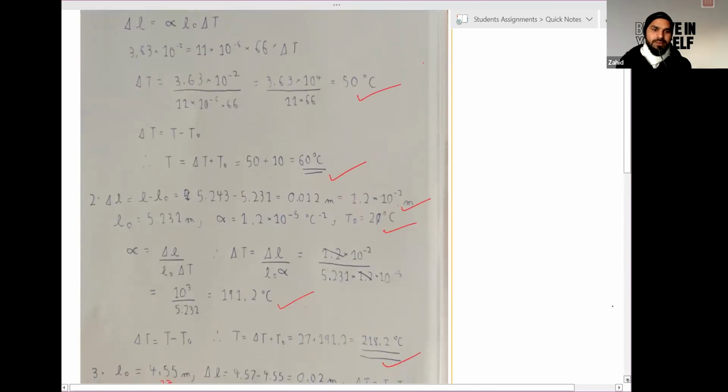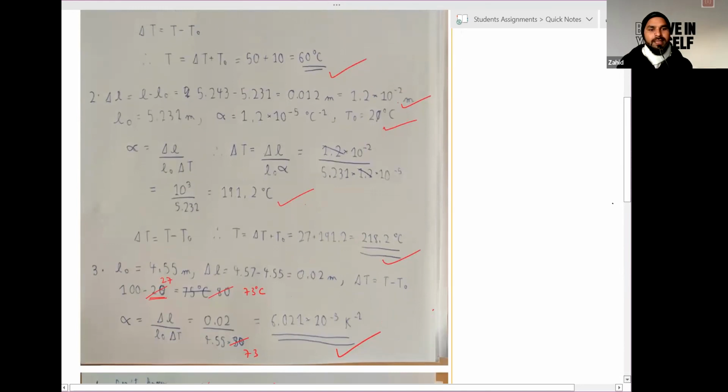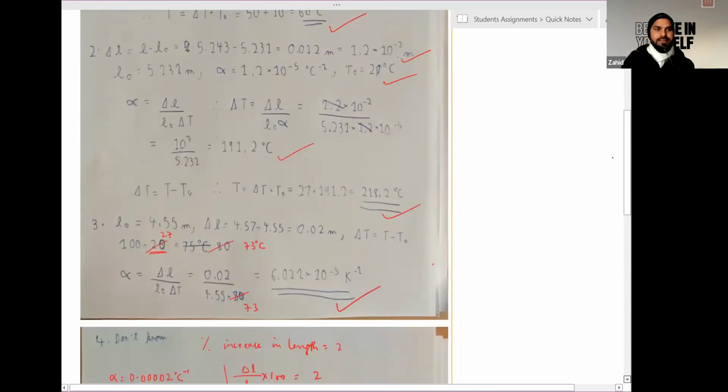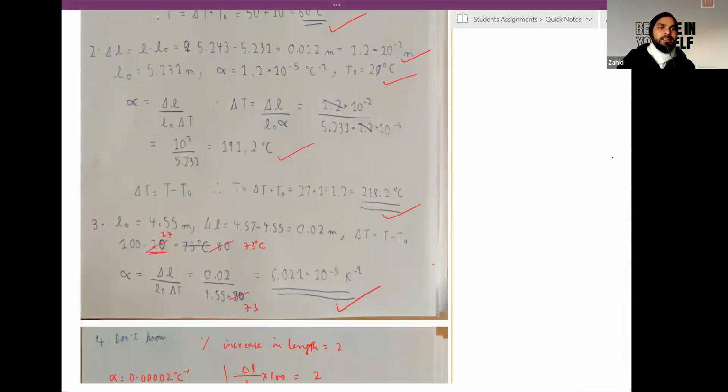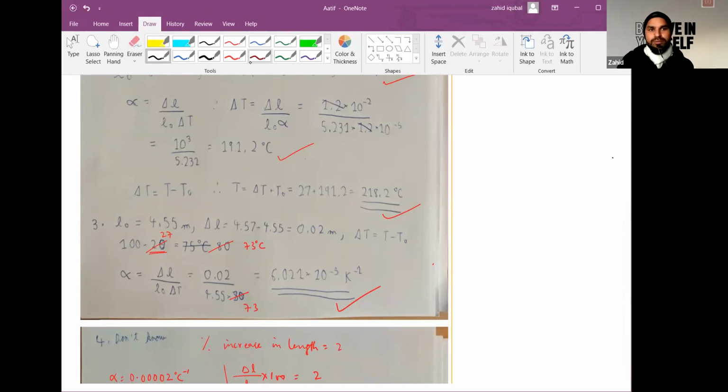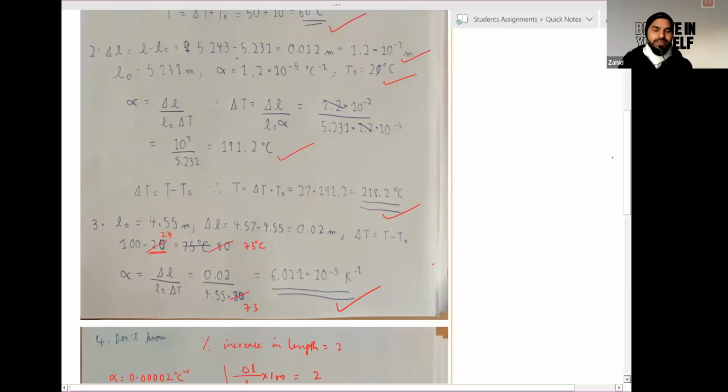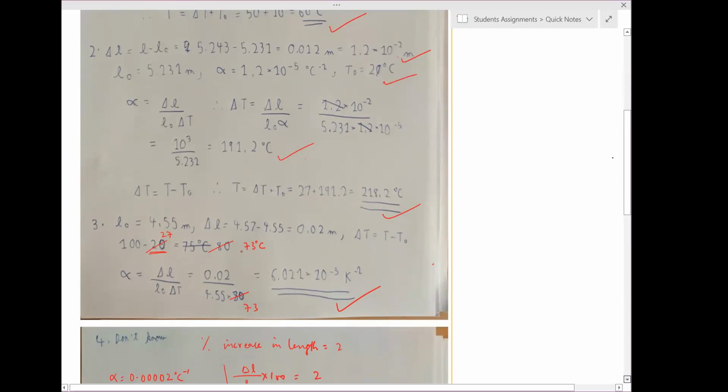Second, also correct. There is some little mistake in this third part. You have to take room temperature, and in general, room temperature is taken to be 27 degrees Celsius. Okay, Atif? Okay. So that temperature difference will be 73.